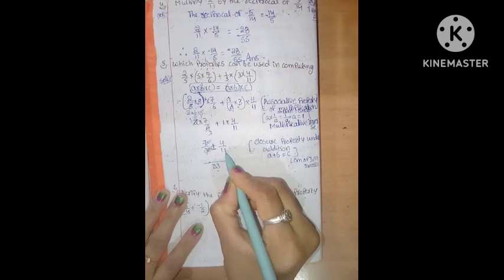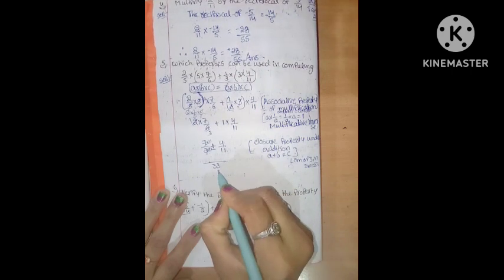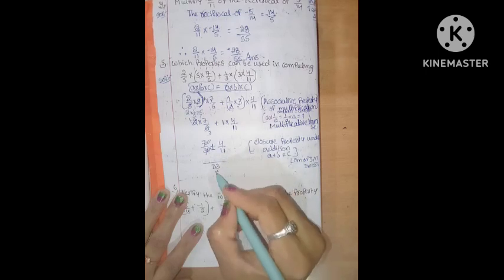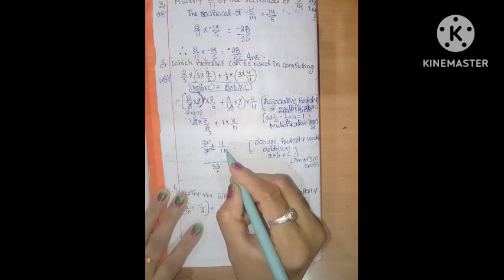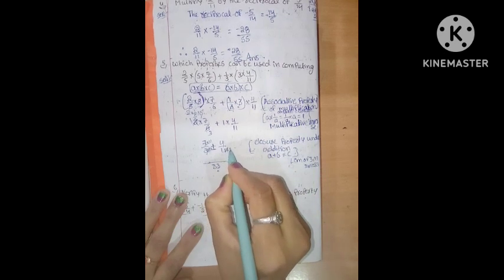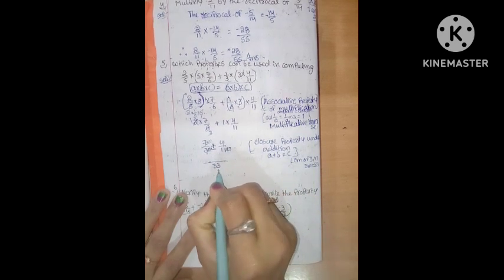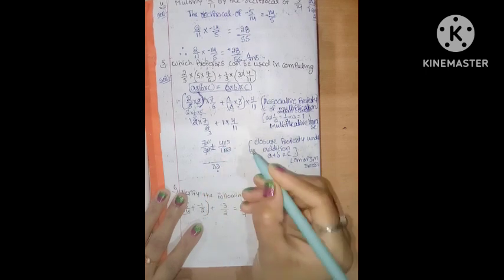Next the second term. Its denominator is 11 and here the denominator is 33, so make both equivalent denominators. 11 is multiplied by 3 to get 33, and the numerator is also multiplied by 3.